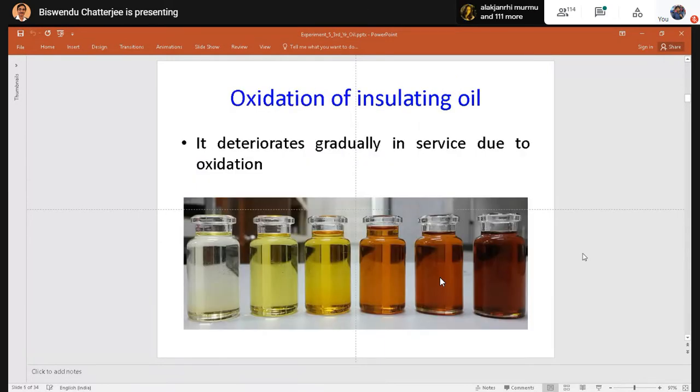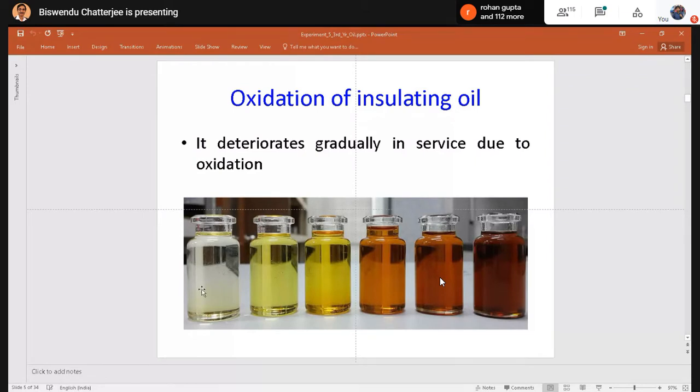First, as Sir has told you, you must know how the oil looks. It is very important. Otherwise, you cannot come to any inference whether the oil is good or bad or what happens during service. On the left side that you have seen, it is the new oil just produced from the petrochemical industry.